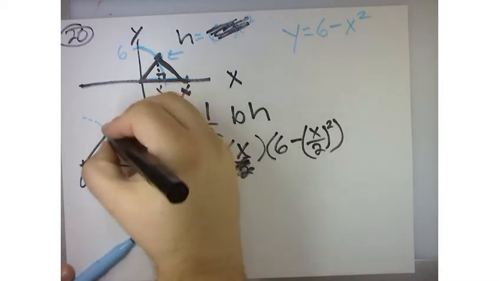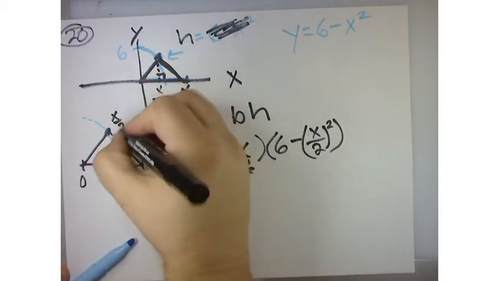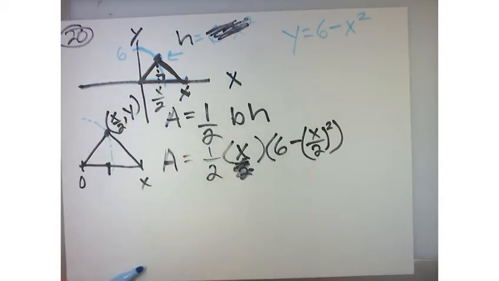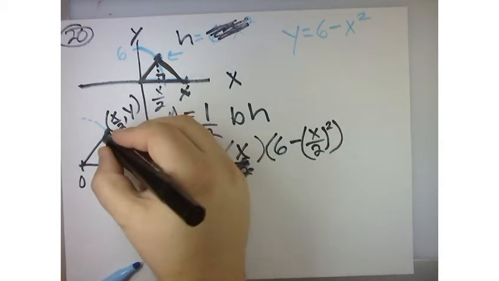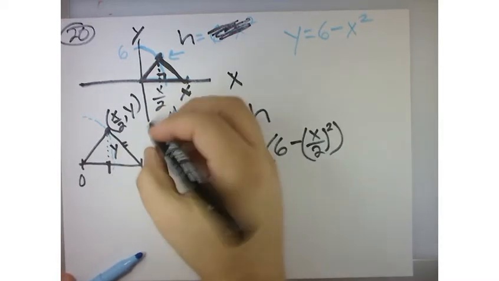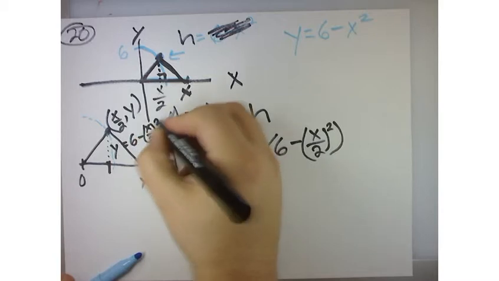This point right here should occur at 1/2 of x, whatever I choose for x. And then the distance should be my y value evaluated at x divided by 2. Well, this distance from here to here, the y value, is y equals 6 minus (x divided by 2) squared.